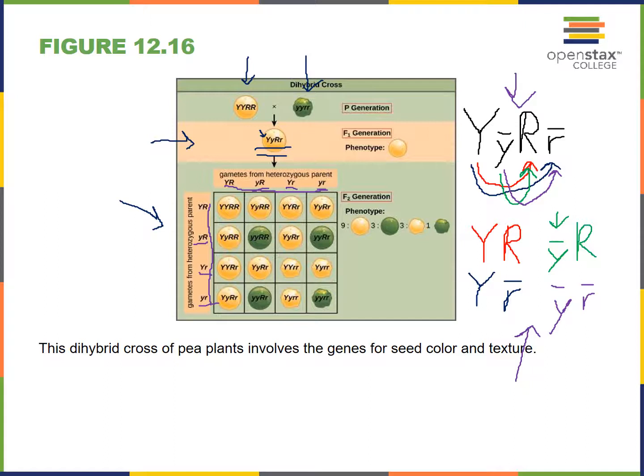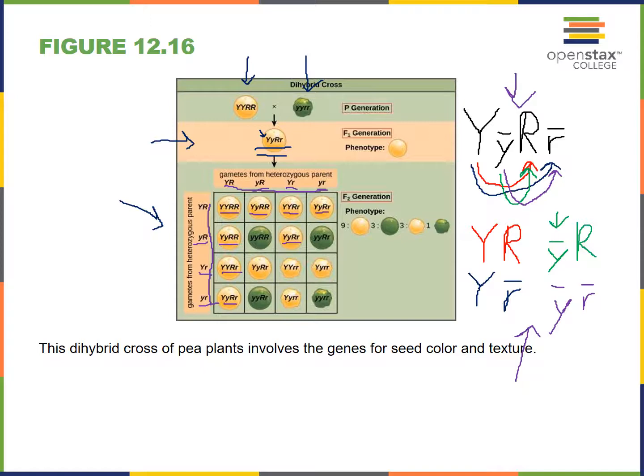so your phenotypic ratio, these are yellow and round. These are yellow and round, and those are yellow and round. These are yellow and round.